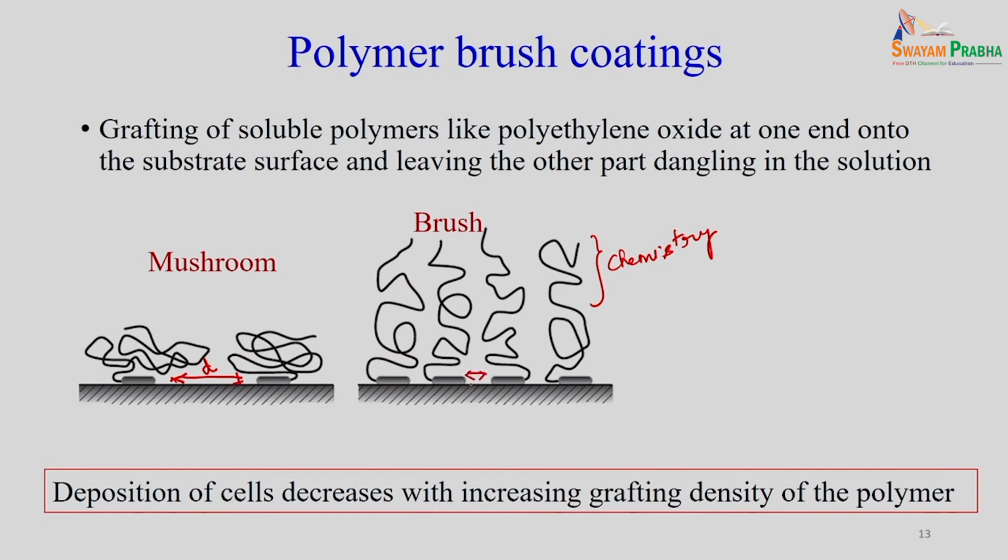If the distance is higher than the size of the molecules, it is going to form the mushroom conformation. If the distance is less, then polymers will be in the brush conformation, or you can say the elongated conformation. So, you can say this mushroom or brush conformation depends on the grafting density.